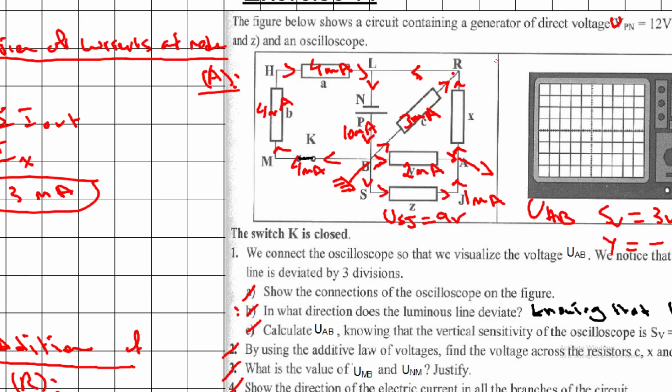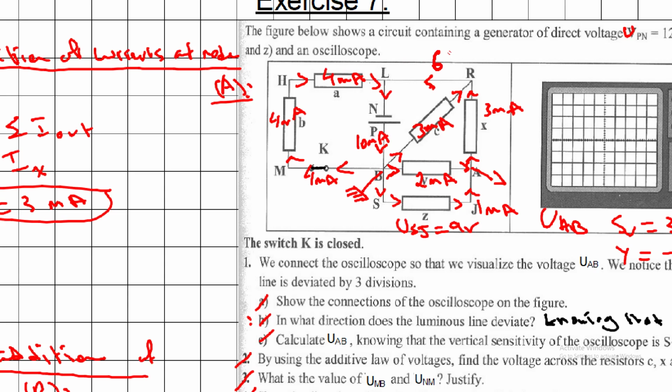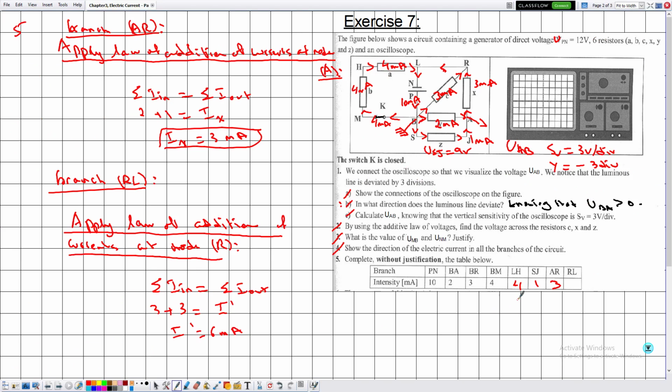The currents entering at node R are 3 plus 3, and the current leaving, say I prime, is equal to 6 milliamps. Here there is something wrong, how come 6 and 6? No, correct. Now 6 plus 4 gives me 10, which is the main current. So this is 6.